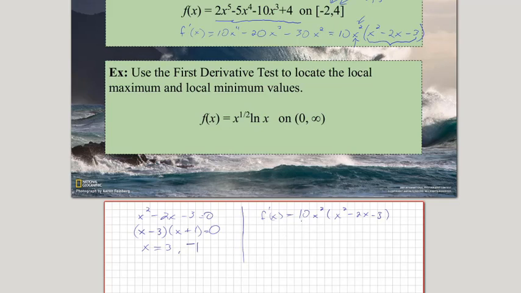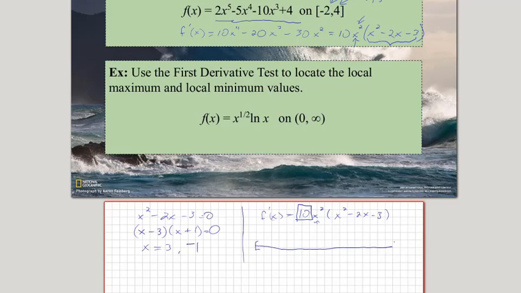I just want to know, is it bigger than 0 or less than 0? That'll tell me increasing or decreasing. So I'm going to ignore this positive 10, because that is not going to change the positive or negative polarity of the derivative. The 10 is just making it bigger, but it's either going to be a bigger negative or a bigger positive.